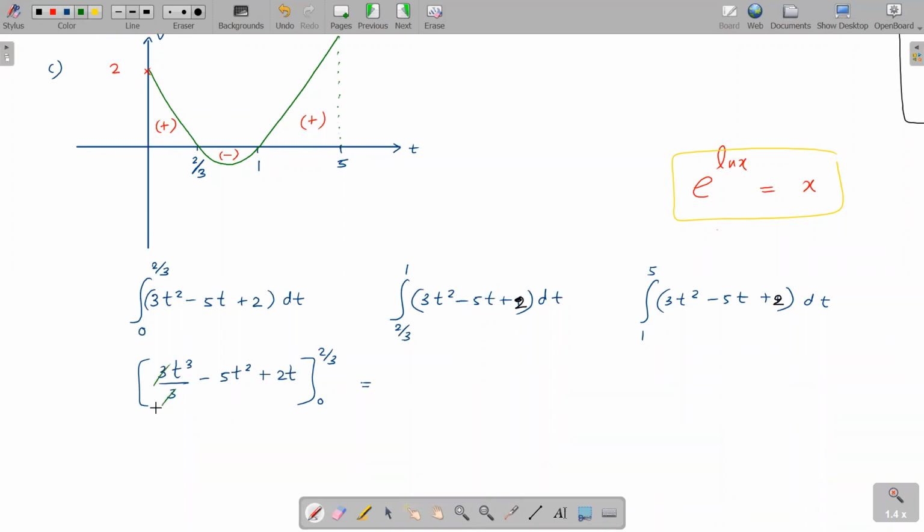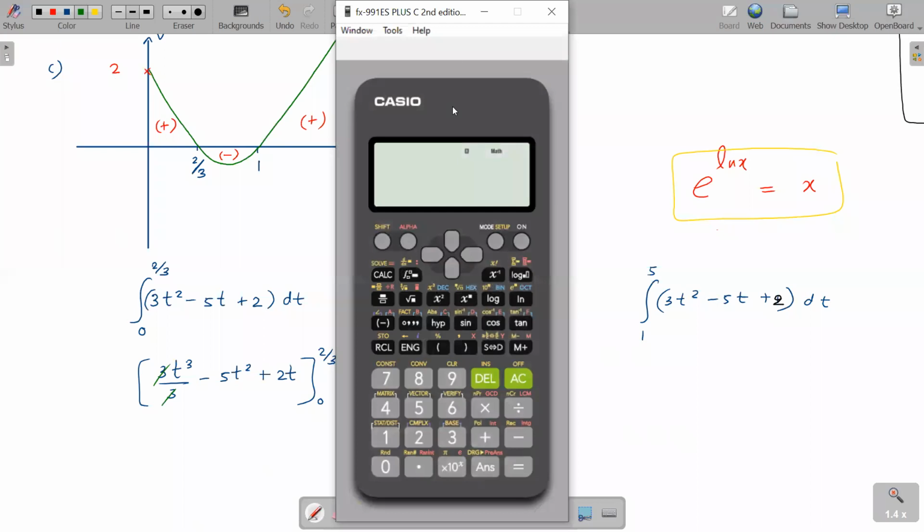I think the best thing to do here is to give this in the calculator because you need to show the method. So we have done the integration. On the calculator, you can give x cube over 3 minus 5x square plus 2x. Sorry, there's no over 3, right?